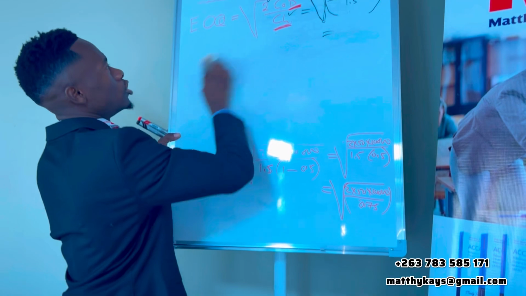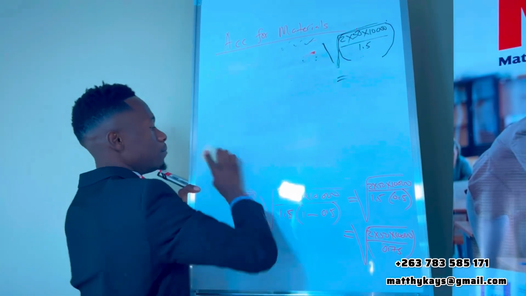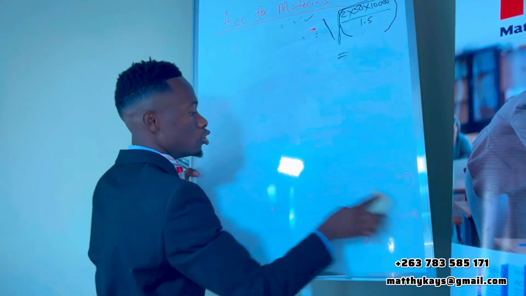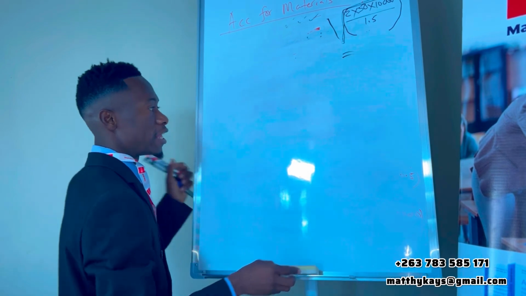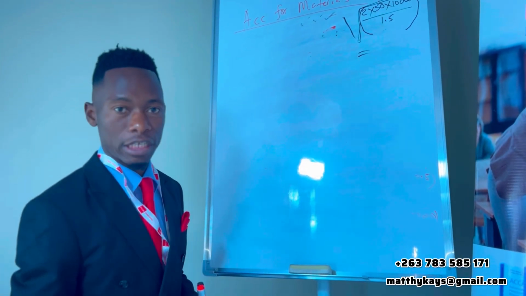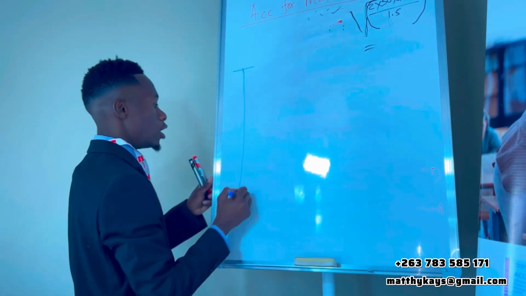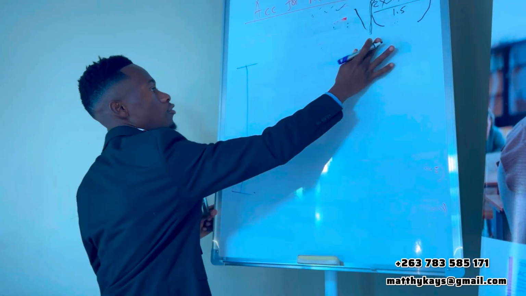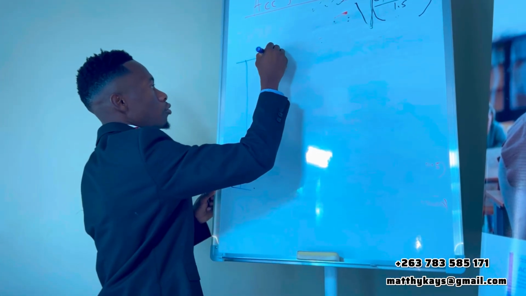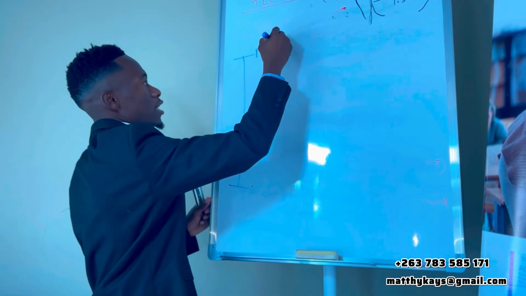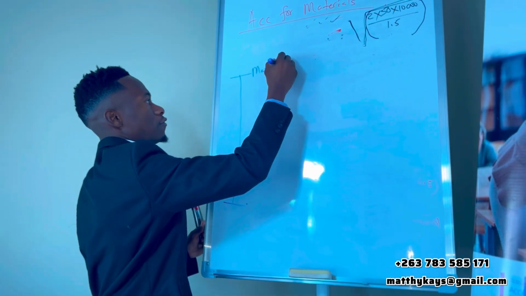Last thing that I need to tell you on the accounting for materials: most people don't know these formulas because they are not given in the final exam. When you hold a lot of stock, it will reach a certain level where we say it's the maximum inventory level.